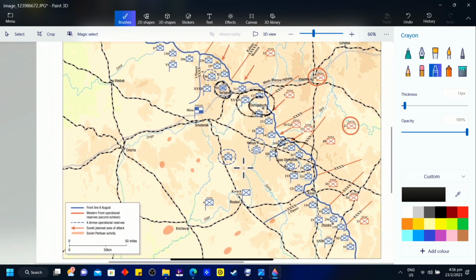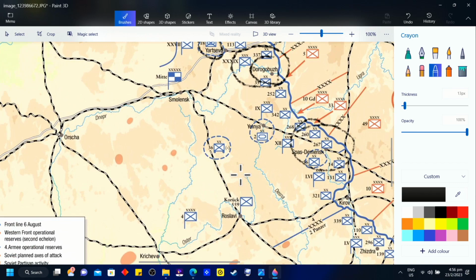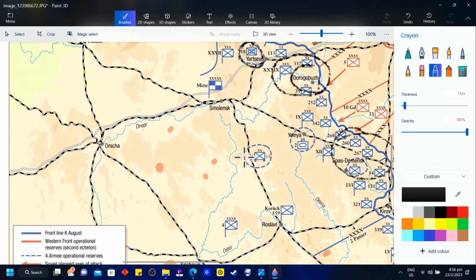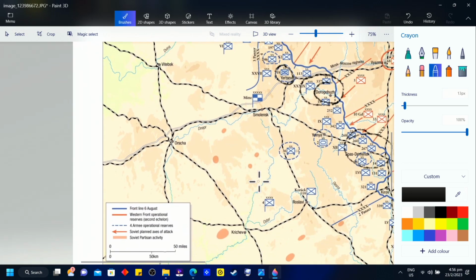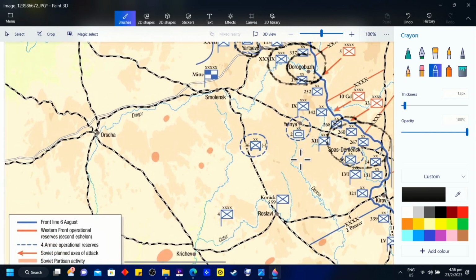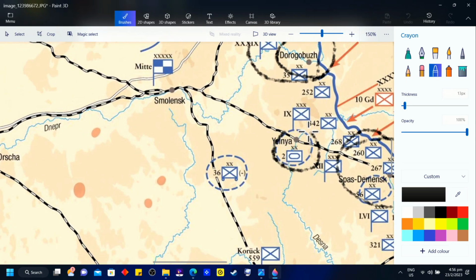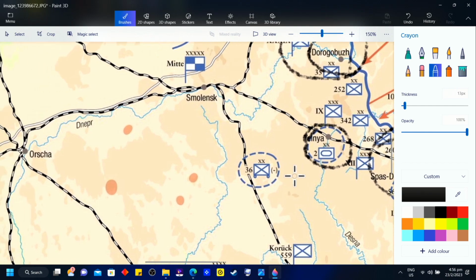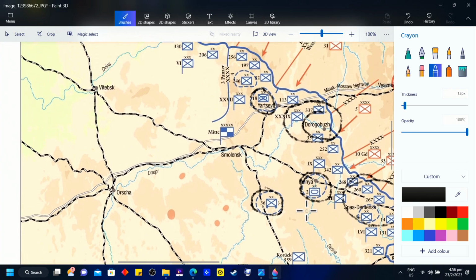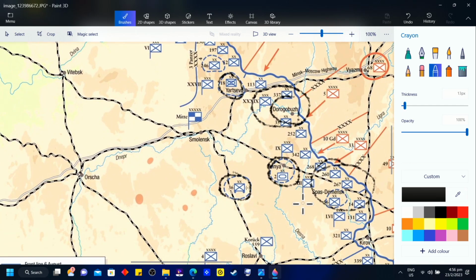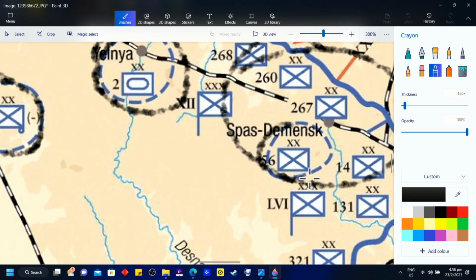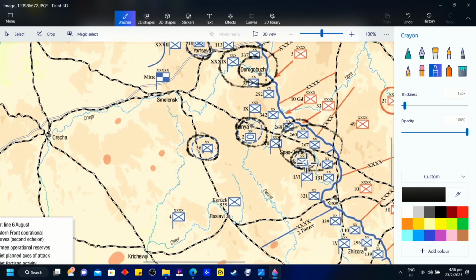Von Kluge was able to get 2 Panzer divisions and 2 depleted infantry divisions, the 36th and 56th divisions, from the Ninth Army under Walter Model.